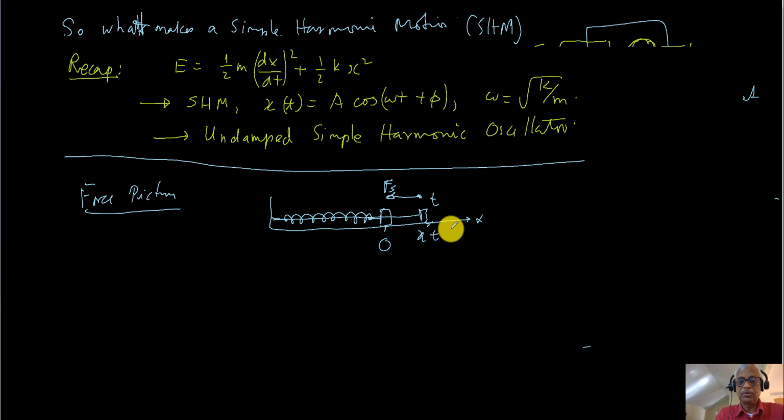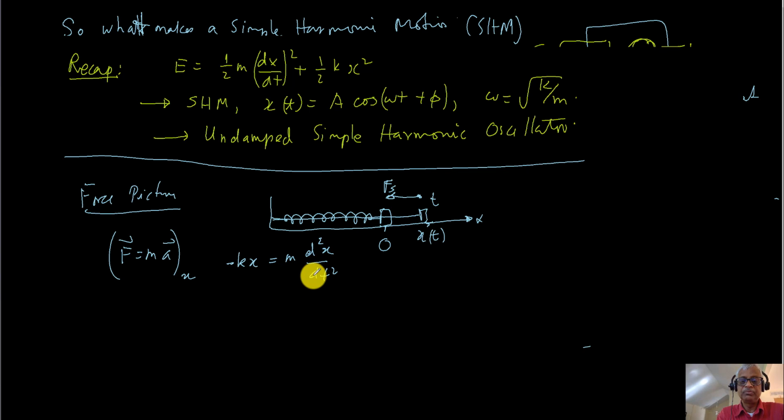So if you look at its x motion, F equals ma, and you look at just the x component, positive x is that way, so this will be minus kx equal to m d squared x dt squared.